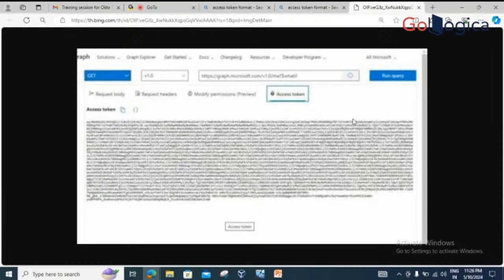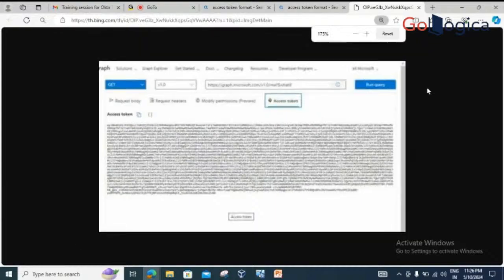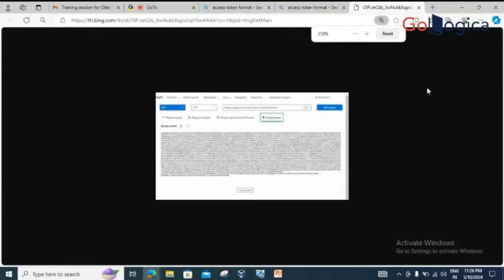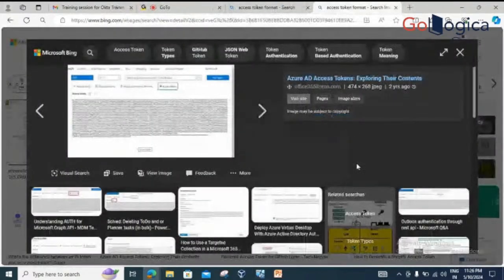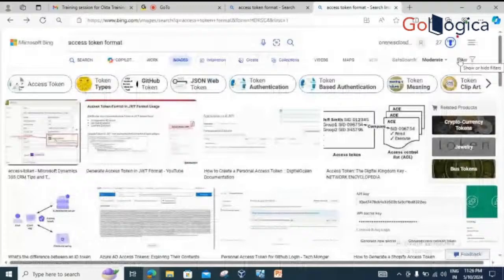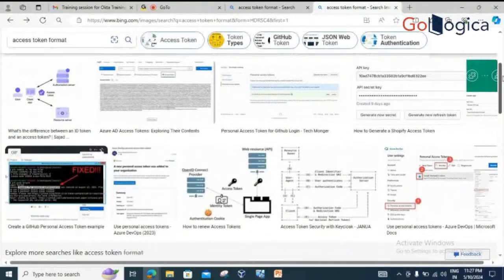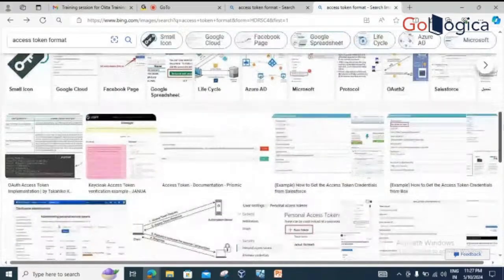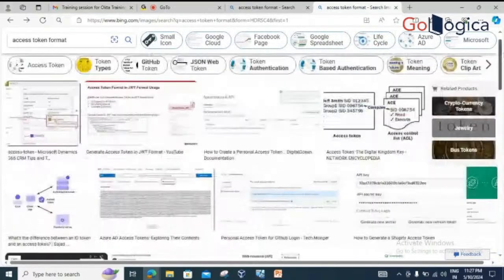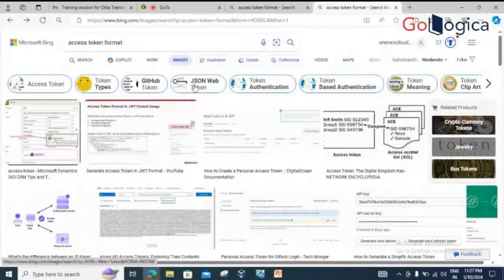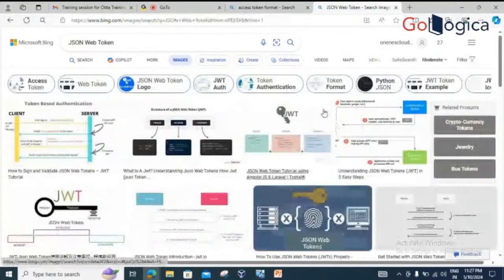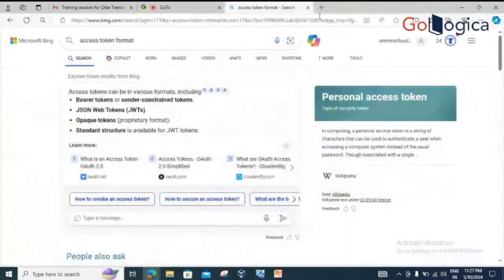This access token is encrypted, then it is decrypted, and then the user gets the information. I'll show you this also, whether we are supposed to do that type of activity in the API part. So we will clearly understand what this access token, or JSON web token, looks like. I'll show you. Look.